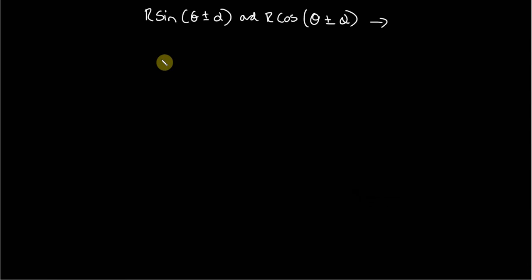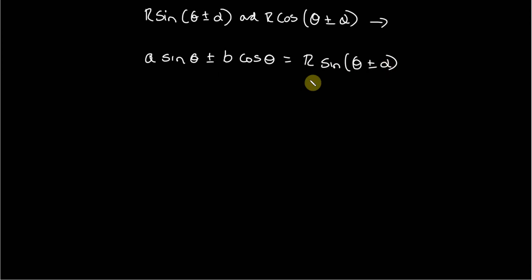What we want to start off with is to rewrite this, because we want to express a sine theta plus or minus b cos theta in the form R, let's say R sine, I'll pick sine for this video, R sine theta plus or minus alpha, where a, b, R, and alpha are positive constants.